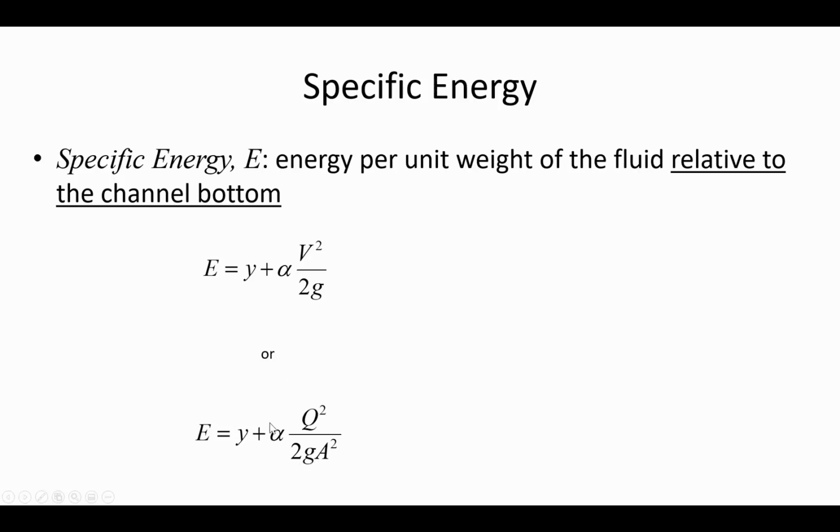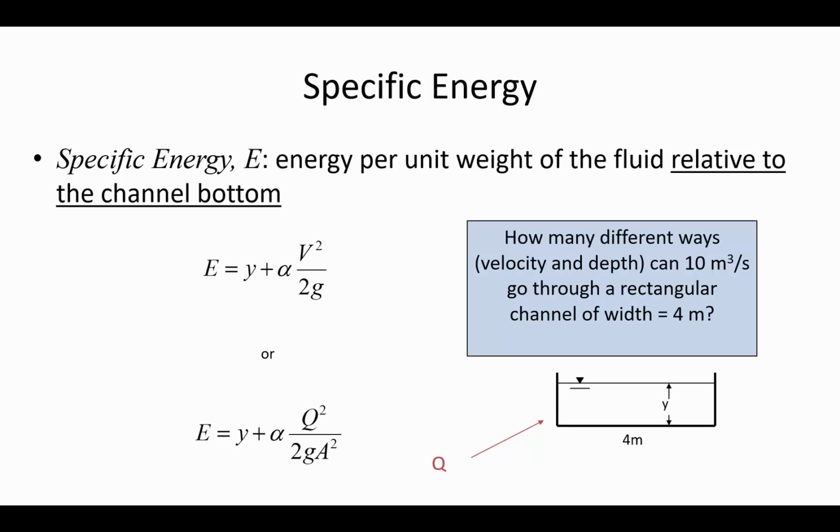And remember, alpha is the kinetic energy correction factor, which for laminar flow would be 2, but for most real-world turbulent flow is 1.05, which is close enough to 1 that we don't usually bother including it.